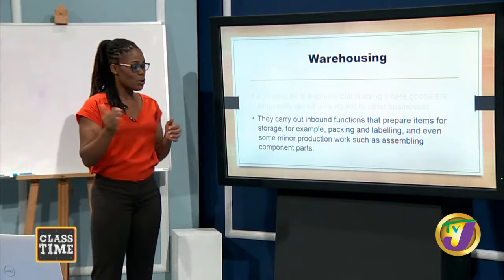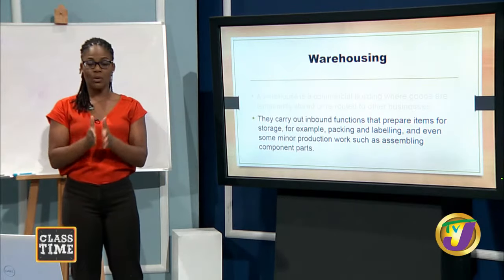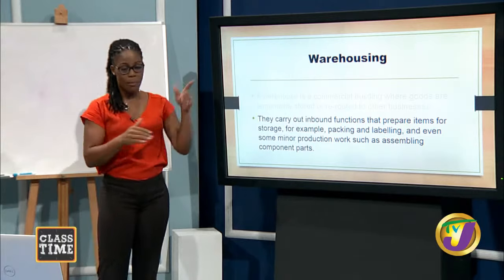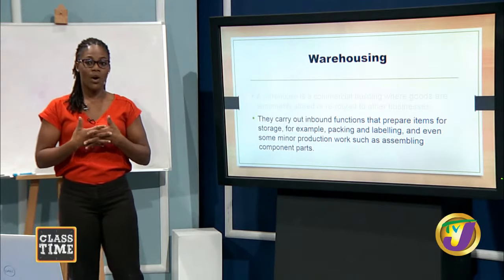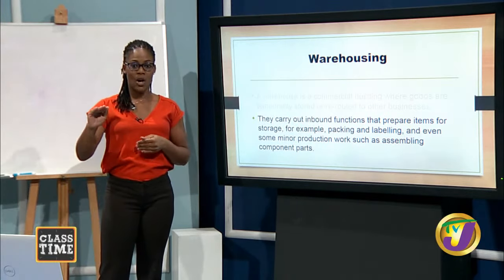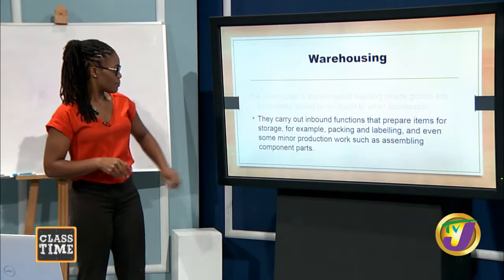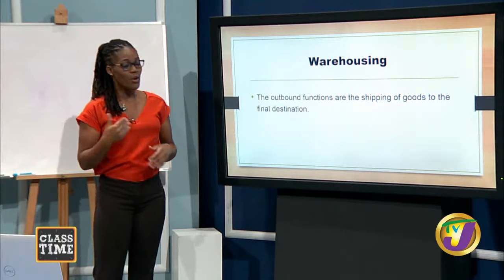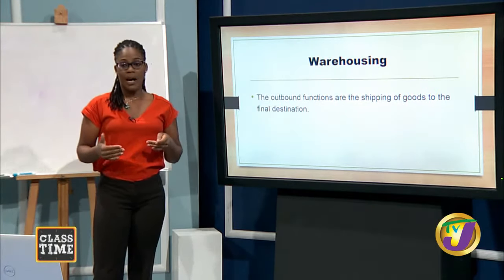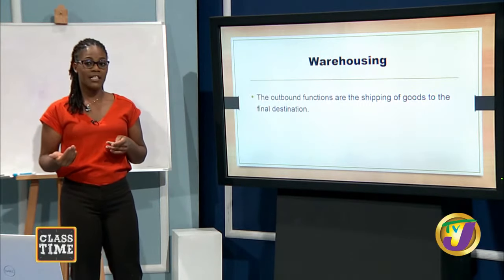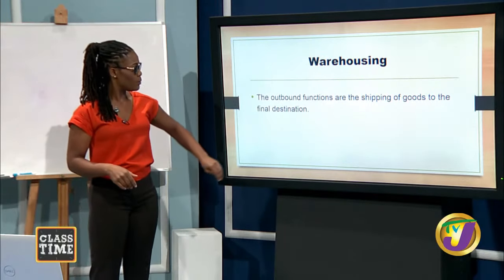So the cell phones could come from point A to the warehouse, the batteries from point B to that warehouse, and the assembling is done there, so you get a complete product to pass on to your consumers. Now, of course, the outbound function is where shipping of goods is done to the final destination, the final consumer.